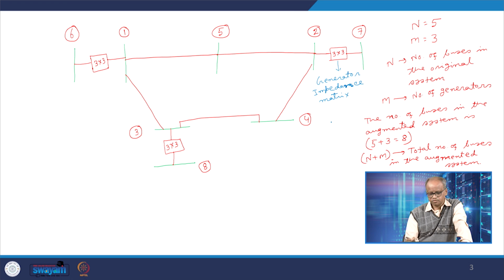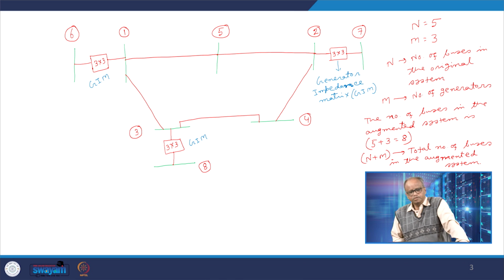So I can say that, let us say that this is GIM, generator impedance matrix. This is also generator impedance matrix, this is also generator impedance matrix. So how do I get this generator impedance matrix?